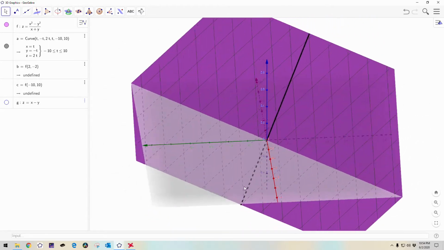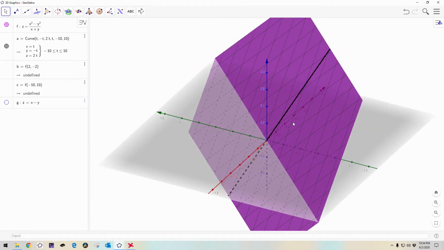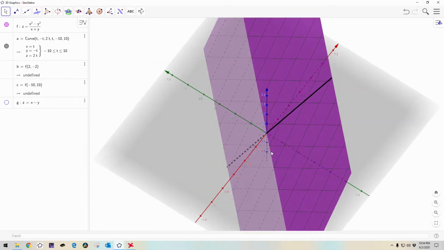You can see I have this line coming down the surface, and technically all of these points are undefined. For example, look, if I plug in 2, negative 2 into the function, undefined, because x and negative y are equal. Negative 10 and 10, again, x with a negative y. So if I plug those into the function, it's undefined.